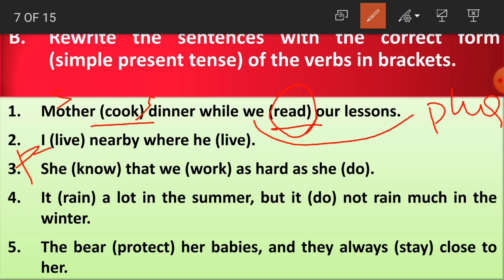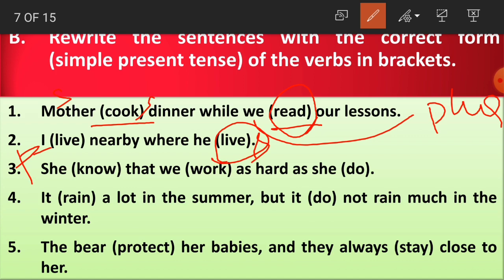I live nearby where he, what do we have to do here? Yes, we have to add s. Why? Because he is a singular subject. I live nearby where he lives. Clear, children?